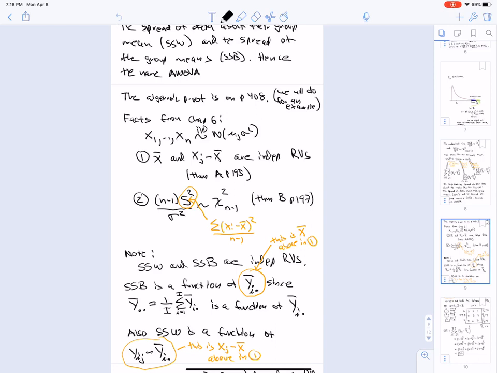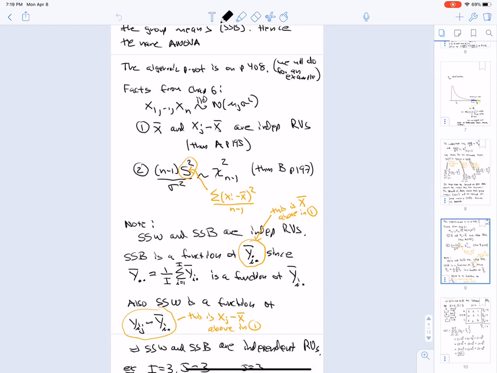You can see that SSB is a function of the row means, because even the total mean is a function of the row means. So SSB is certainly a function of the row means, and SSW is a function of Yij minus the row means.